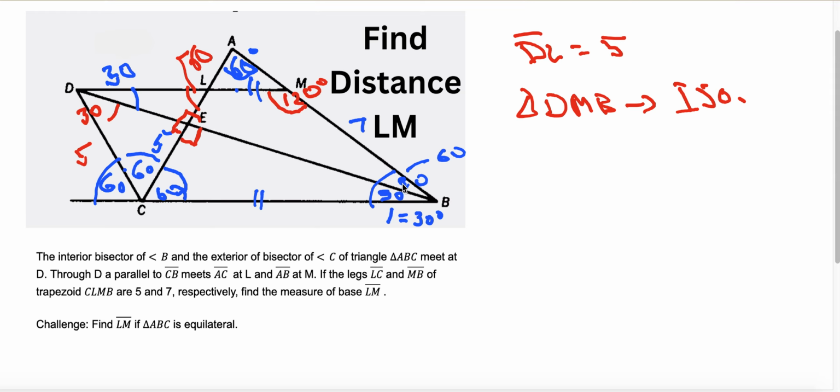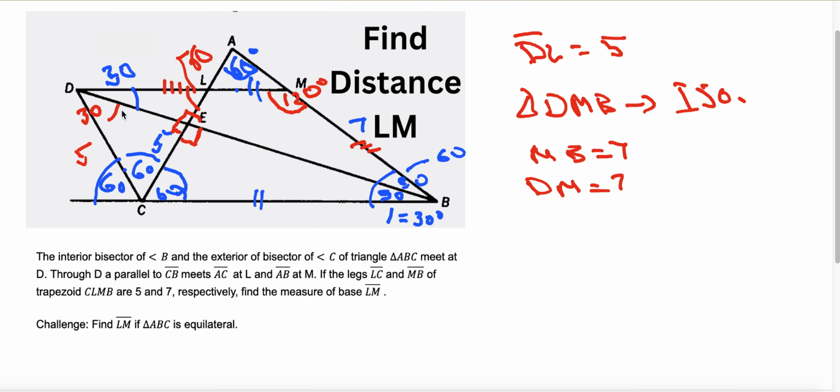If opposite angles are the same in a triangle, the sides are congruent. MB is equal to 7 units, and DM is going to be 7 units because both of them are congruent.